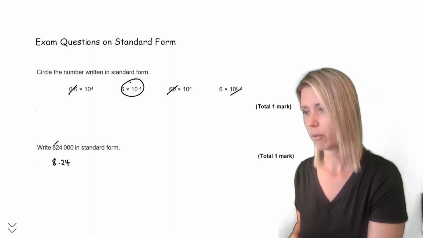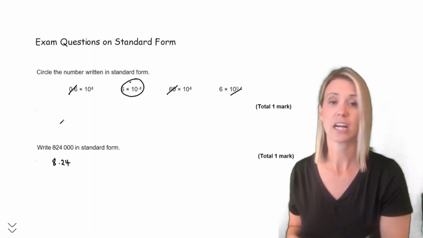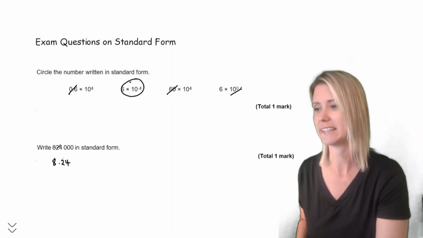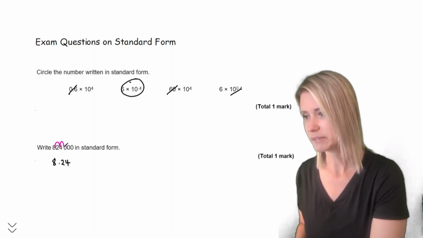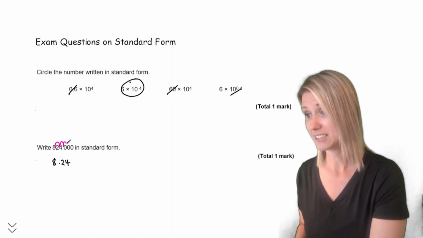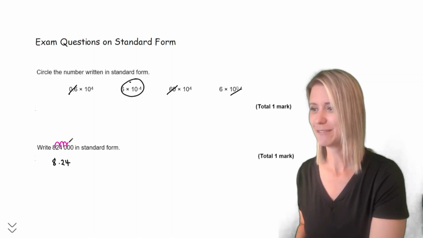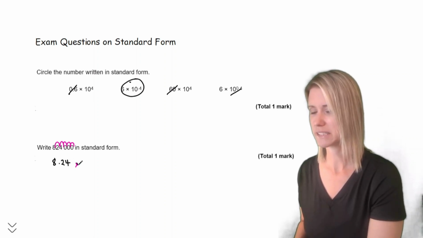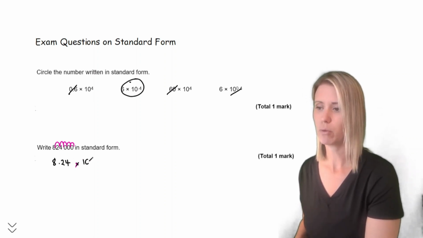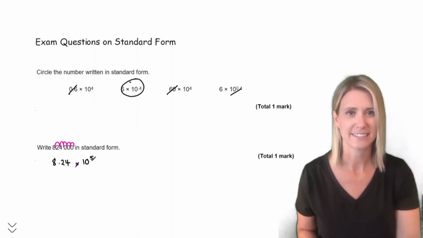Well, with our decimal point in its new position, how many times do we have to multiply it by 10? So 10 times 10 squared times 10 cubed times 10 to the power 4 times 10 to the power 5 to get it back into its original position. So 8.24 multiplied by 10 to the power 5.